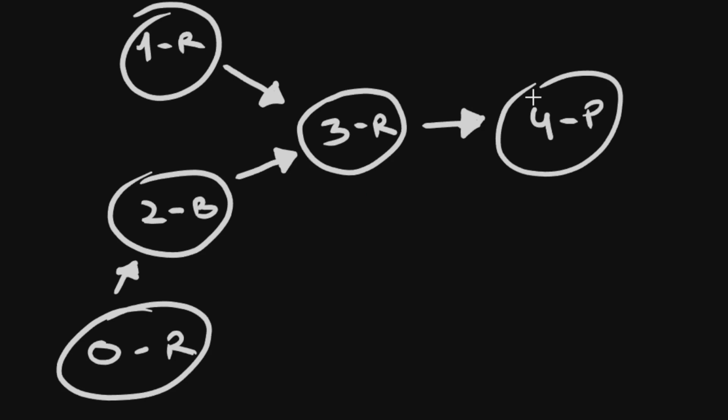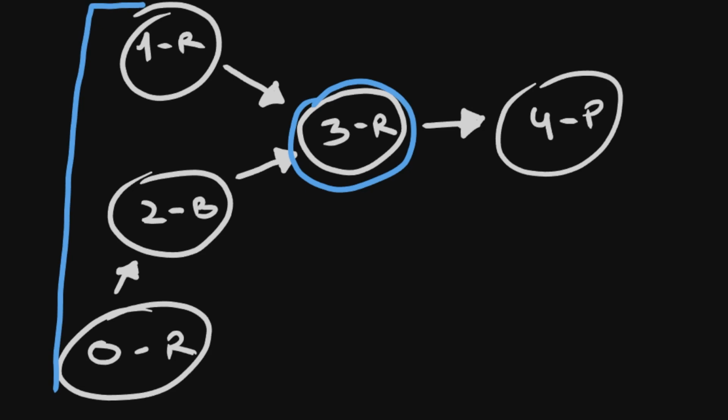If we are trying to iterate this one, we first need to iterate every node corresponding to every incoming edge, meaning we need to iterate this one first. And if we want to iterate this one, we first need to iterate this and this. And if we want to iterate this, we first need to iterate this. So for example here, by the time we reach this node, we will already have the information of all of these nodes.